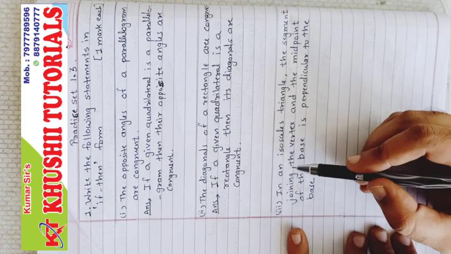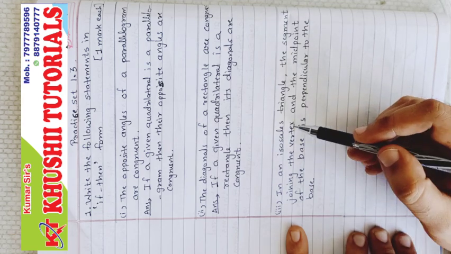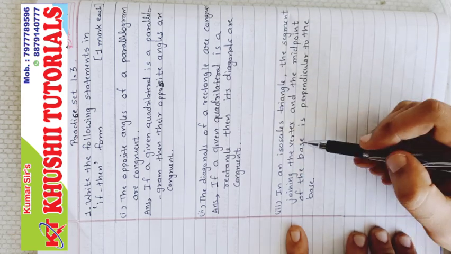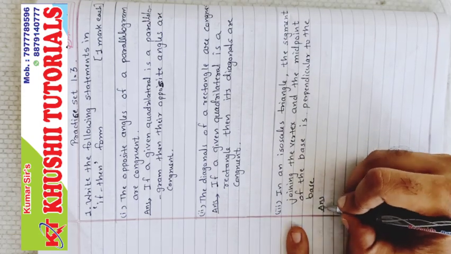The next one: in an isosceles triangle, the segment joining the vertex and the midpoint of the base is perpendicular to the base. This is lengthy, but it is not difficult.